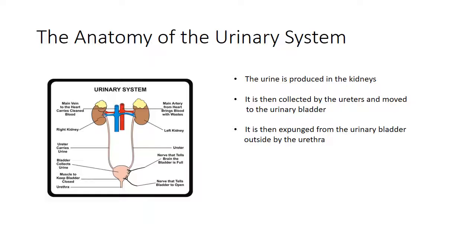It's actually a huge amount of blood. It's more blood than the entire muscular system receives, for example, or a much larger amount of blood than the amount that the brain receives.